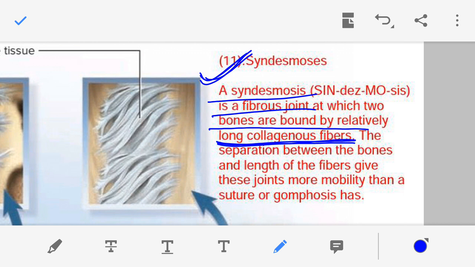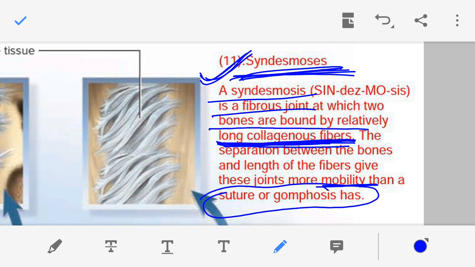Since the collagen fibers are long, the bones are more mobile. So this joint is providing more mobility to the bones when we compare to sutures or the gomphosis.